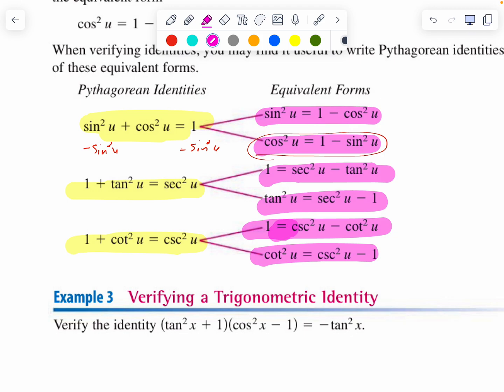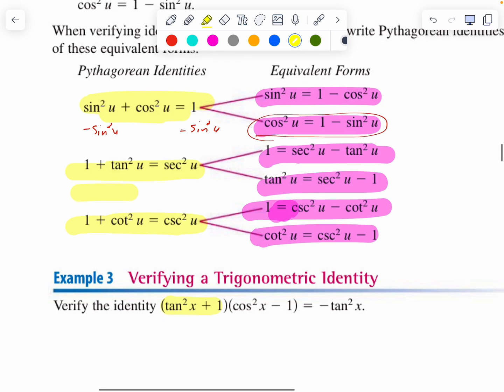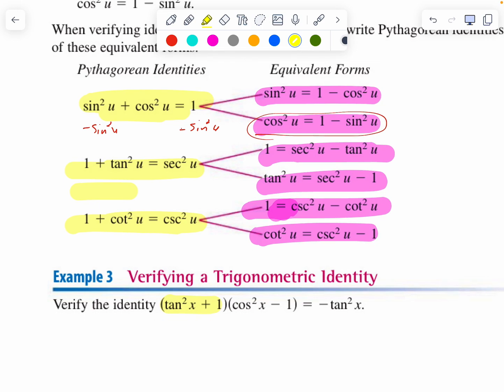I believe that's a popular one. Right there. Do you understand that 1 plus tangent squared x, or 1 plus tangent squared u, is the same thing as tangent squared x plus 1? Are you familiar with just switching the order of the 1 and the tangent squared? It's the same thing.